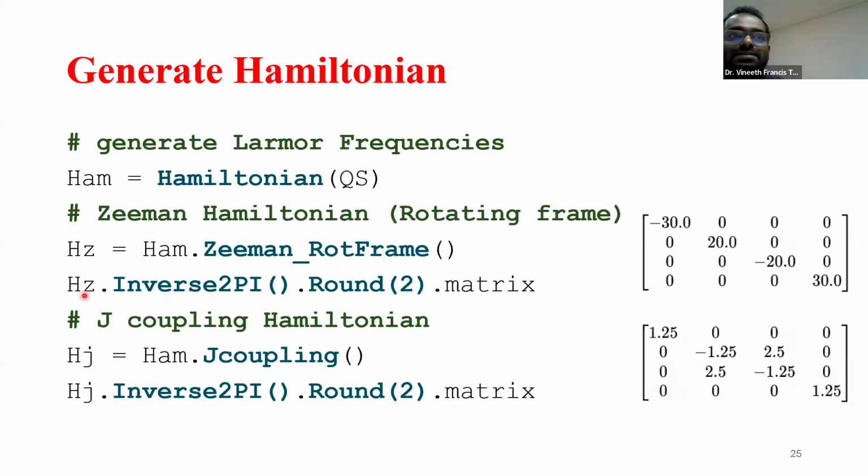If you want to see its matrix form, you can use dot matrix, and if you want to see the matrix in Hertz, you can use inverse 2 pi, which divides the matrix by 2 pi. If you want to round the matrix elements, you can use dot round, which rounds to 2 decimals here. Similarly, you can create a J coupling Hamiltonian and view its matrix form.